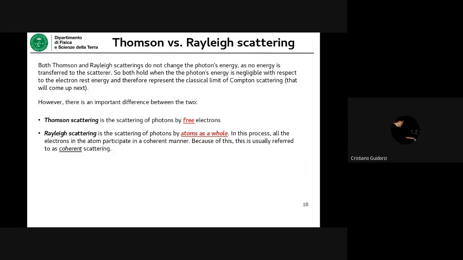All the electrons belonging to a given atom work together in the scattering process. It is also called coherent scattering, coherent meaning that all the electrons belonging to a given atom work on the photon in the same, combined way.